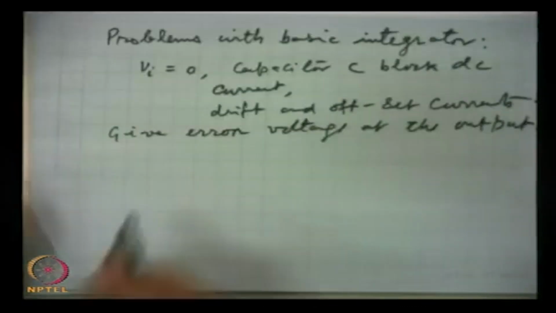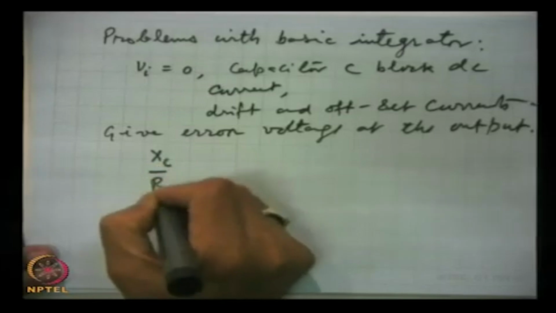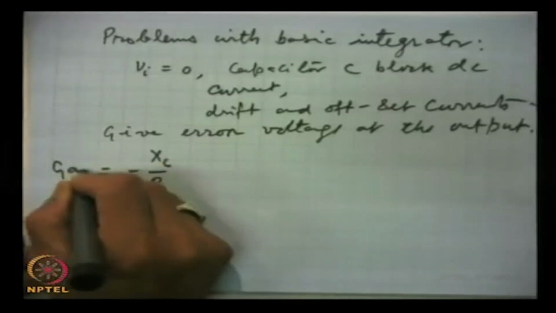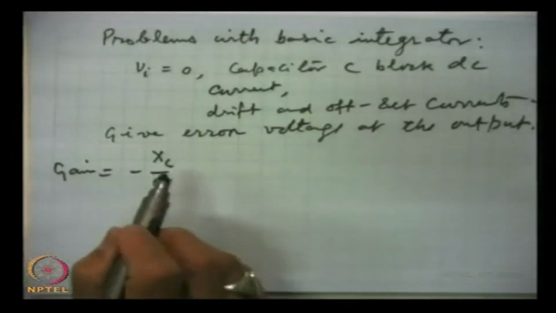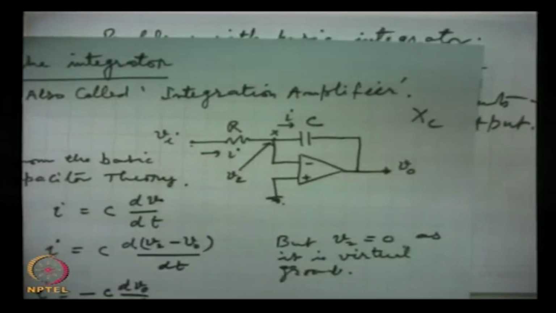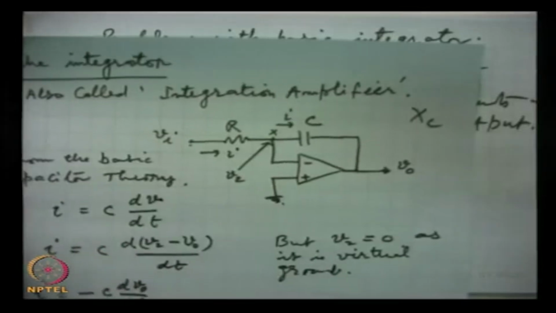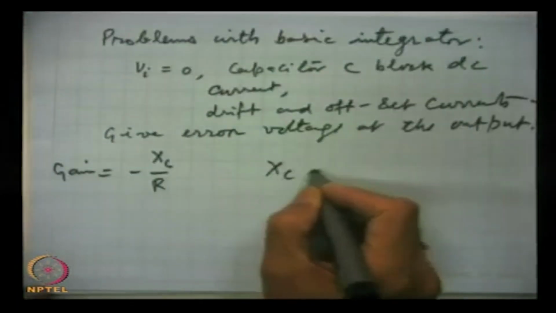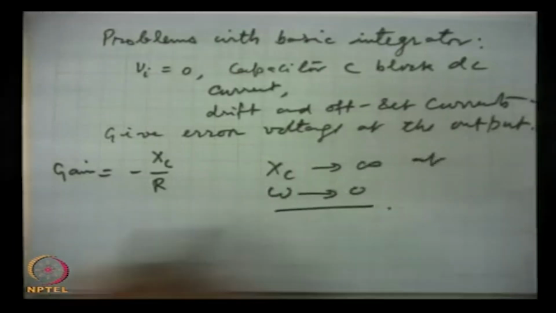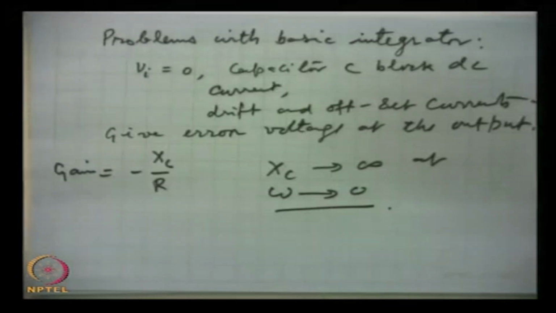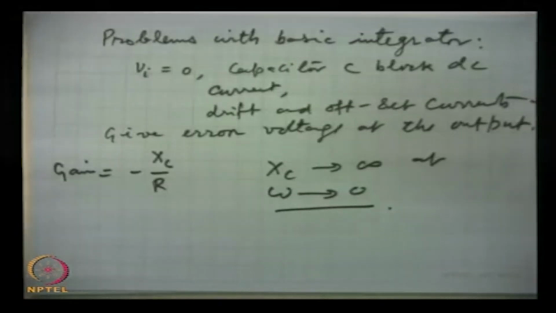So the gain is this, and this is a very high reactance, because 1 by omega C is the reactance. So when omega approaches 0, this reactance XC approaches infinity. That means the gain will be very high for small frequencies.